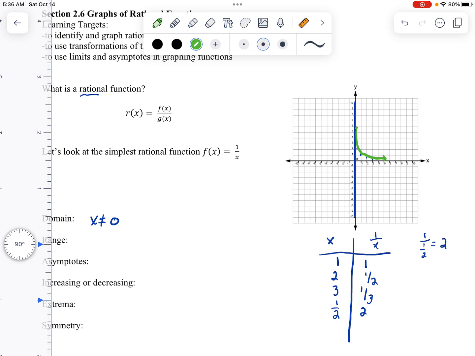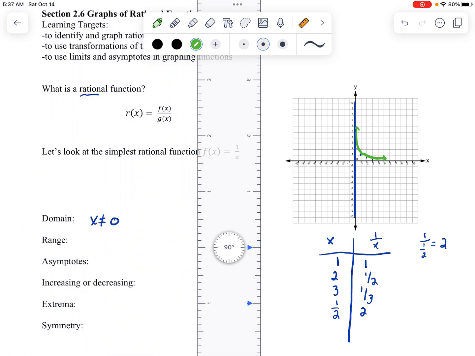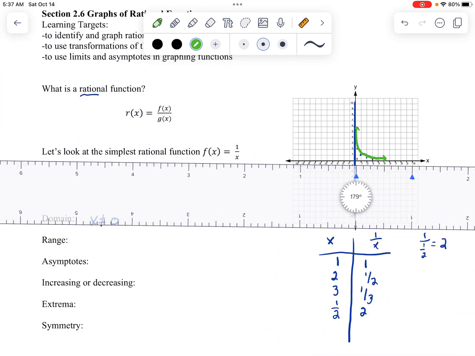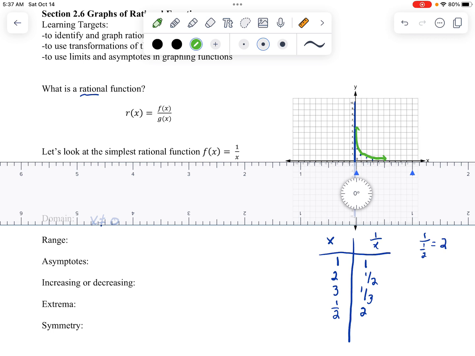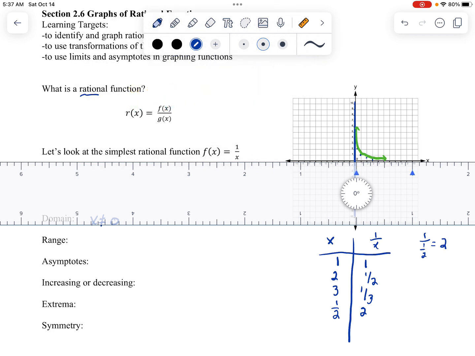Now, x equals 0 is an asymptote, but also there is never a value that I can plug in to get what? To get y equals 0.